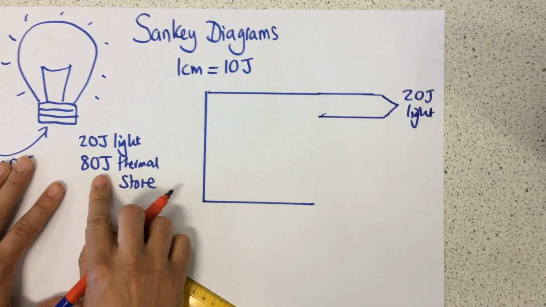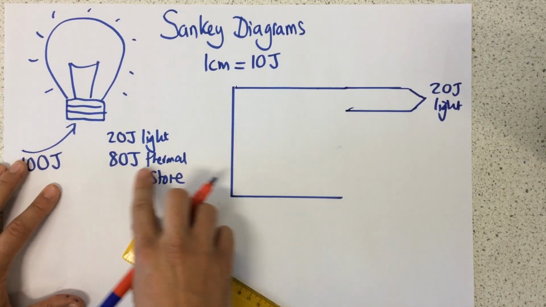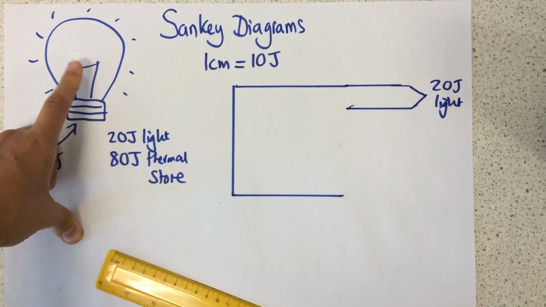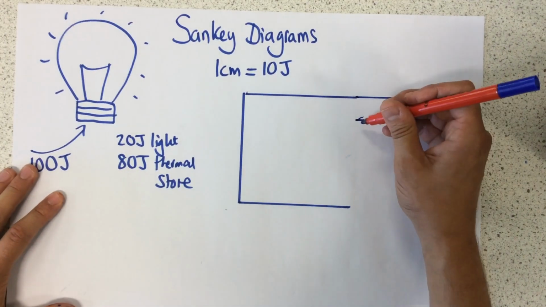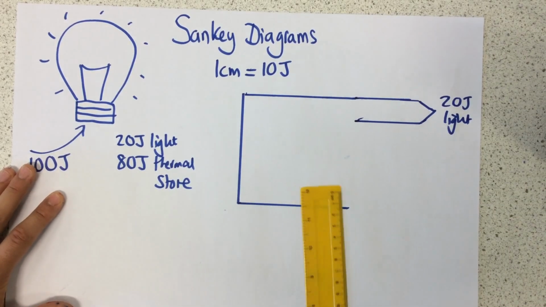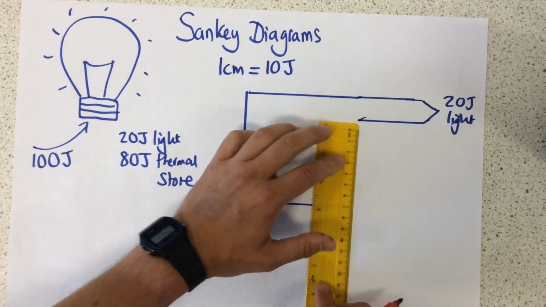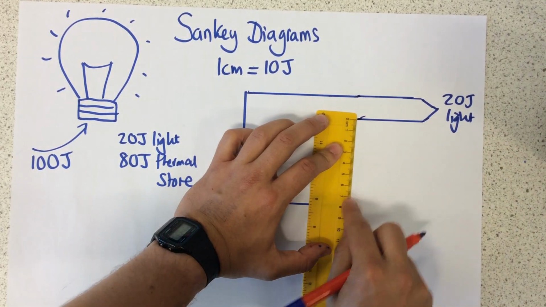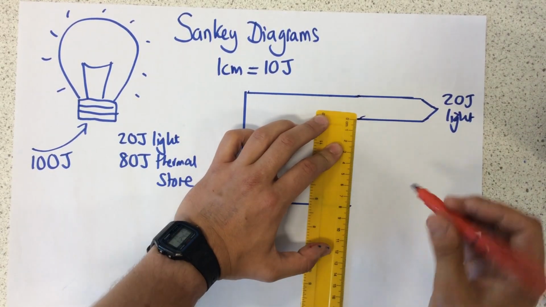Now, the 80 joules, I don't want that thermal energy. That's not something that I desire from this light bulb. So I'm going to draw this drooping down. Now, because it's 80 joules, it should be 8 centimetres wide. So there we have it. Now this is how we do it.